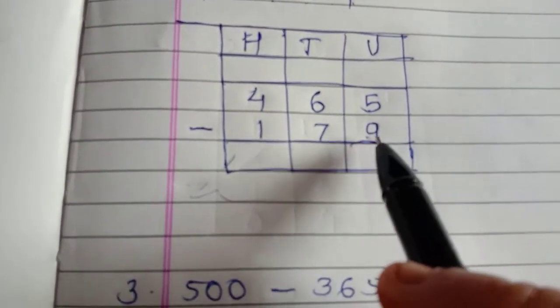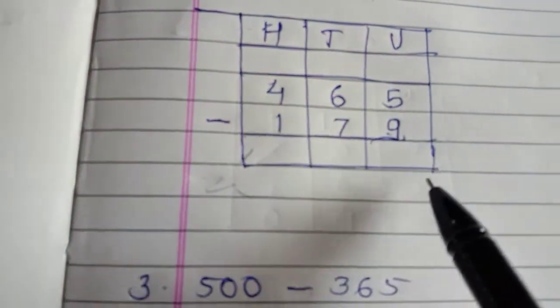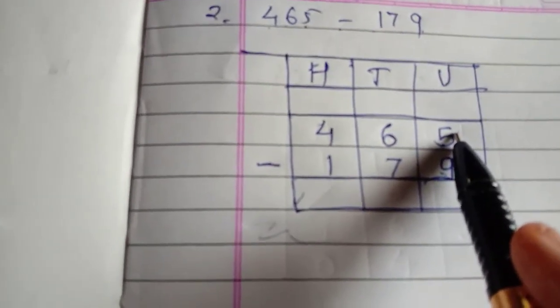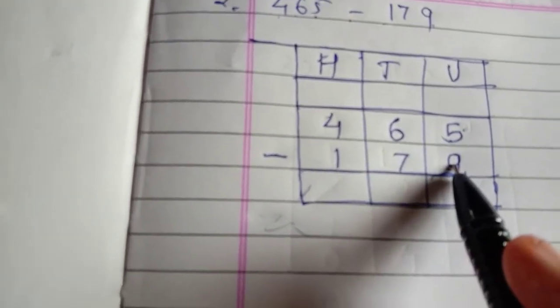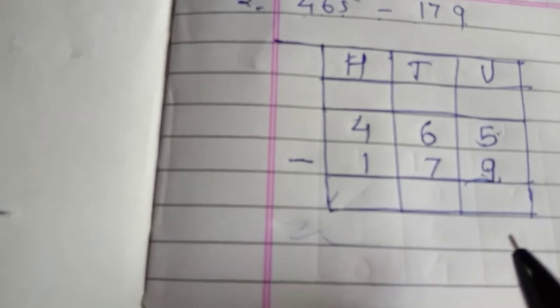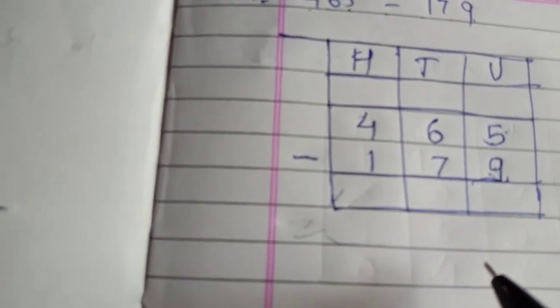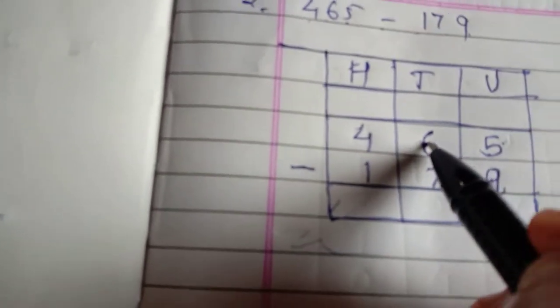Now look here. First number is 5 units minus 9 units. Let us subtract 9 units from the 5. Can you subtract 9 units from the 5? No. So what do we do? We cannot subtract 9 units from the 5. However, we have 6 tens here.